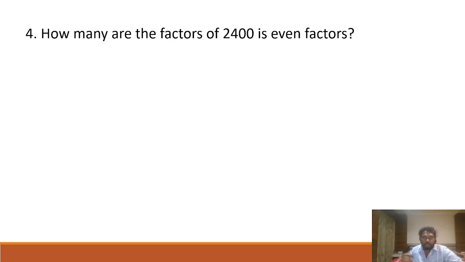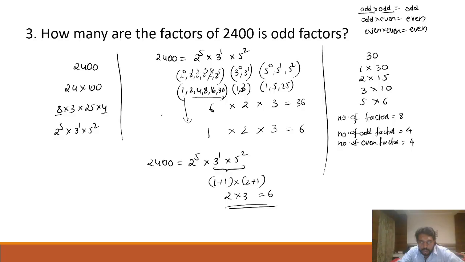Fine. Now a similar question, guys. How many of the factors of 2400 are even factors? If you observe, as I told you, an even number multiplied by even or odd will give you even. So in the prime factorization, only in terms of 2 power are you going to get even numbers, guys.